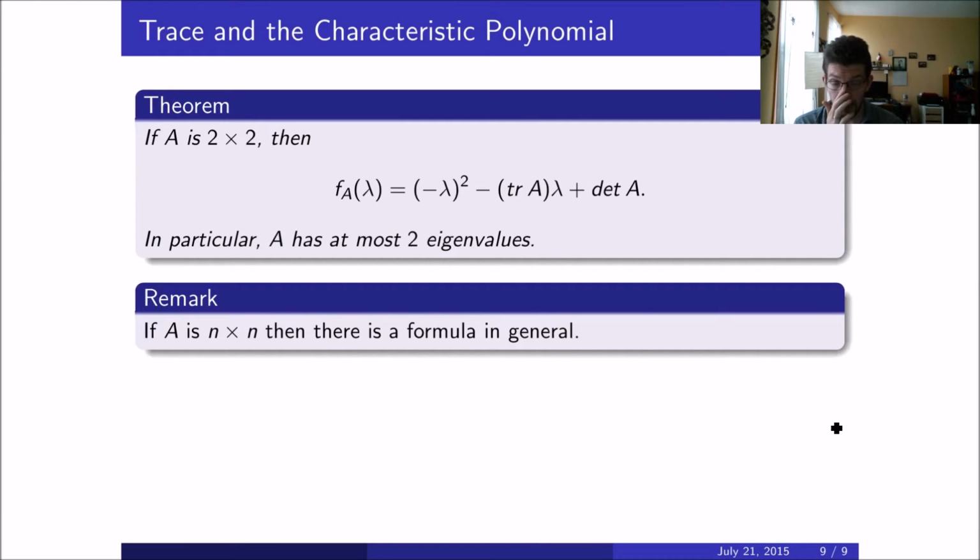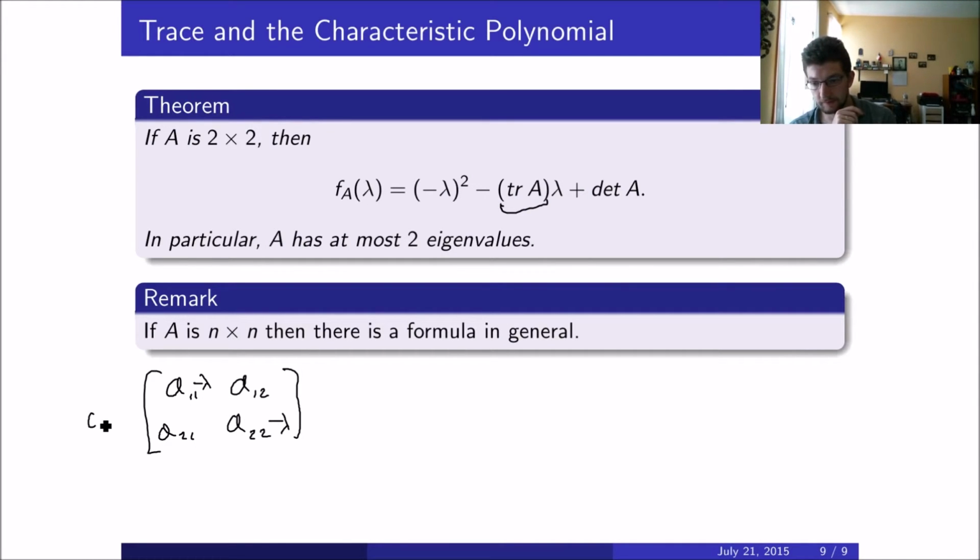So since we got this, the trace and the characteristic polynomial. Supposing A is diagonalizable, we can say some things about the trace. Let's just write this out for a 2 by 2 matrix: A11, A12, A21, A22. If I'm taking the determinant, I'm going to subtract lambda from the diagonal and take the determinant.